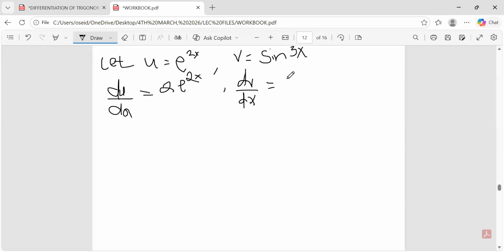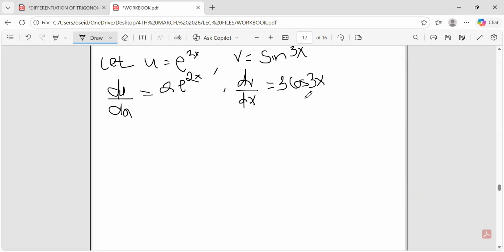We are going to get 3 times sine 3x. Oh, it should be cos. It should be cos here. 3 cos 3x. All right.